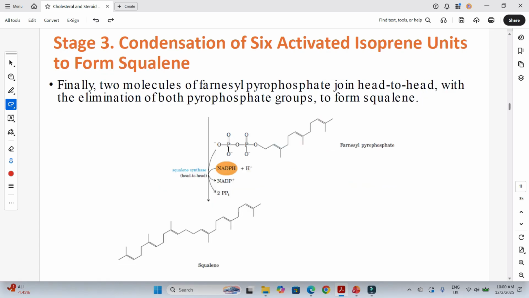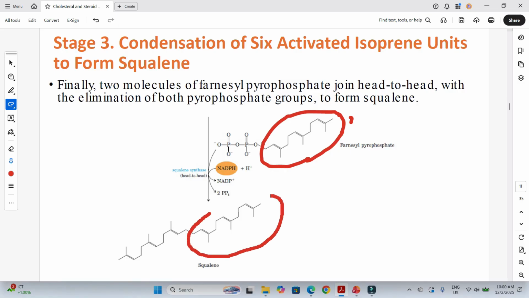Now, the next step: remember, the end product in stage 3 is squalene. So what happens here is that two molecules of farnesyl pyrophosphate join head to head with the elimination of both pyrophosphate groups. That is one farnesyl, and the other one is another farnesyl.